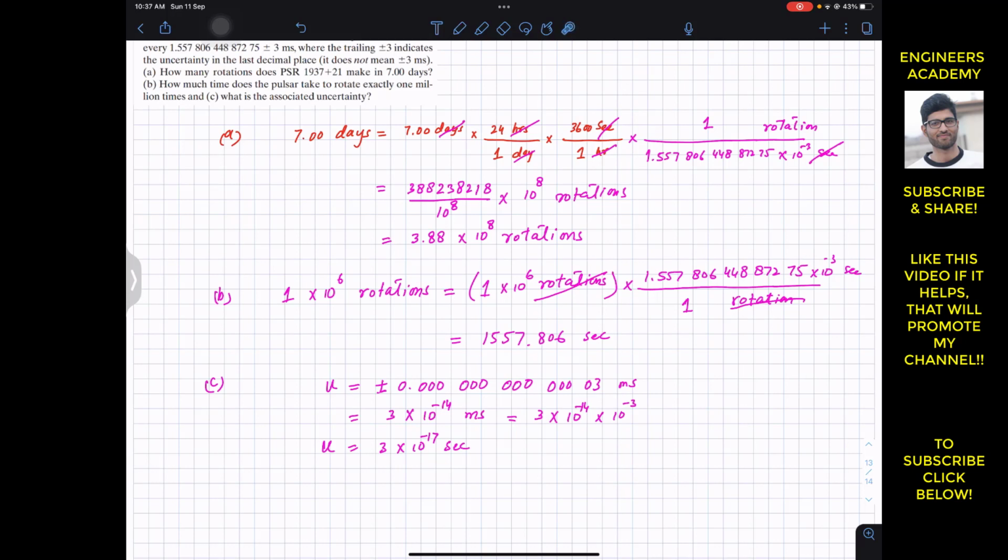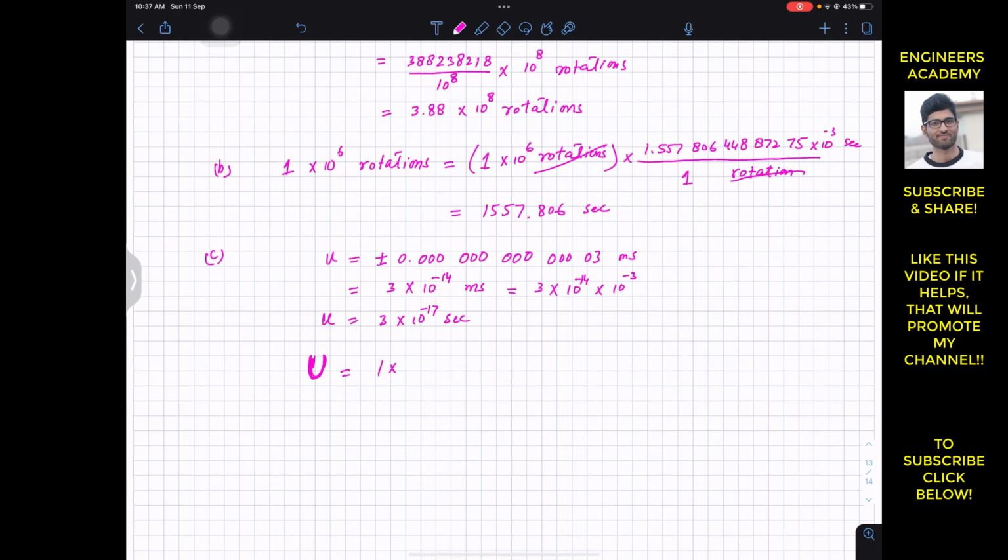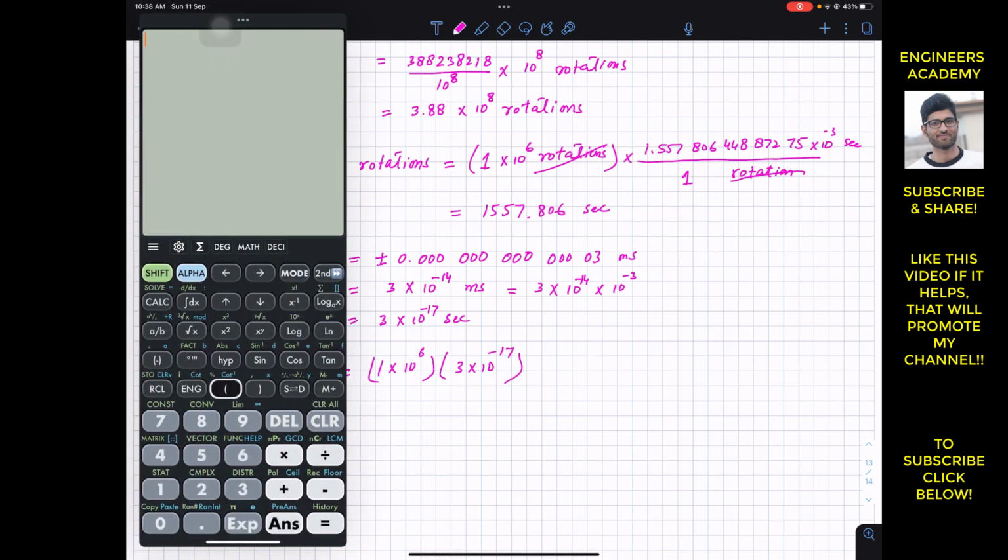Now in 1 million rotations, how much is the uncertainty? So we can say that the capital U represents the uncertainty in 1 million rotations. So this will be 1 multiplied by 10 raised to the power 6, that is 1 million, multiplied by 3 multiplied by 10 raised to the power minus 17.